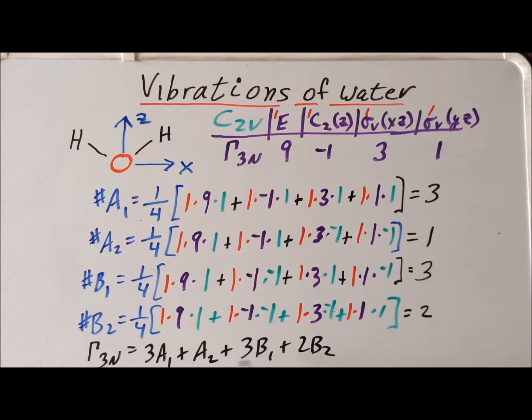And since each of these is a non-degenerate irreducible representation, each one counts as 1 degree of freedom. So here we have 3, 4, 5, 6, 7, 8, 9 degrees of freedom, which is exactly what we expect so far.